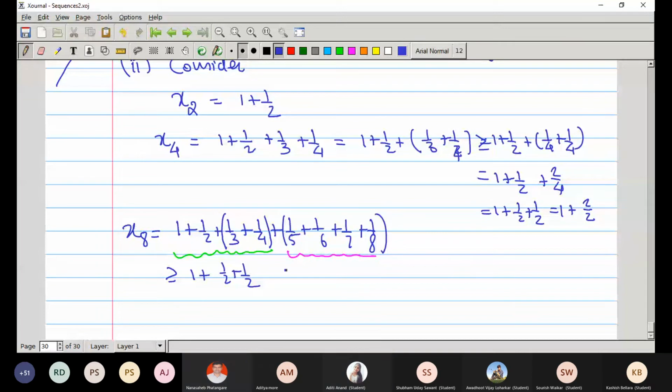Yes, sir. Now what is next? In the next bracket there are 4 terms, and which is the smallest? 1 by 8. So I will replace everything by 1 by 8, and therefore of course the resulting quantity is smaller, right? That's why I'm saying it is less and the previous one is larger.